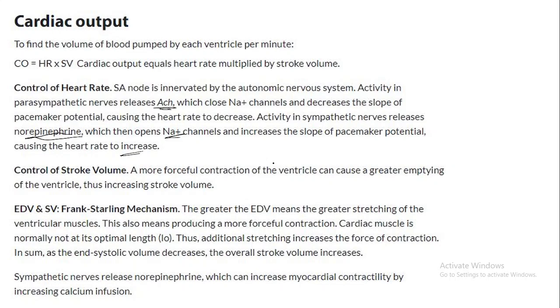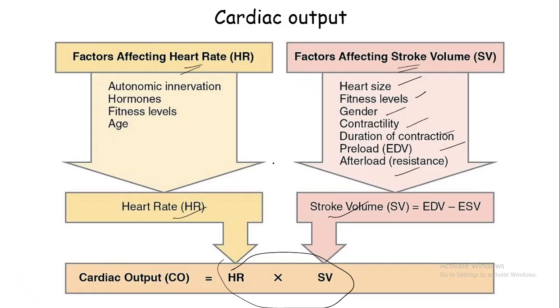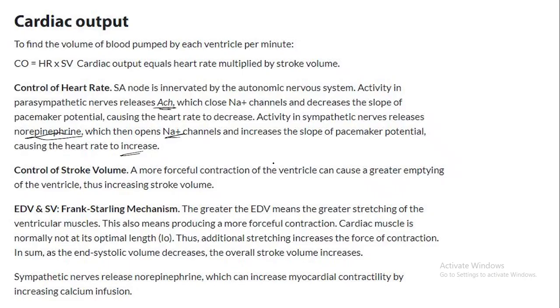EDV and SV. In the previous slide we saw what EDV is. EDV is preload, afterload. It has stroke volume and EDV. So, Frank-Starling mechanism. The greater the EDV, it means a greater stretching of the ventricular muscles. This also means producing a more forceful contraction.